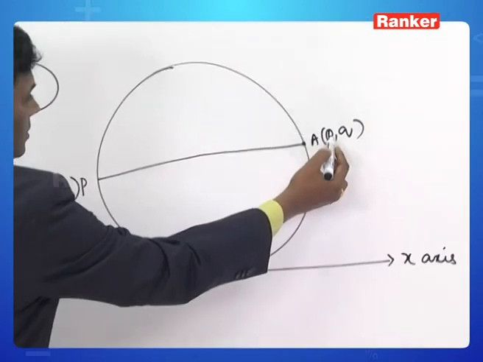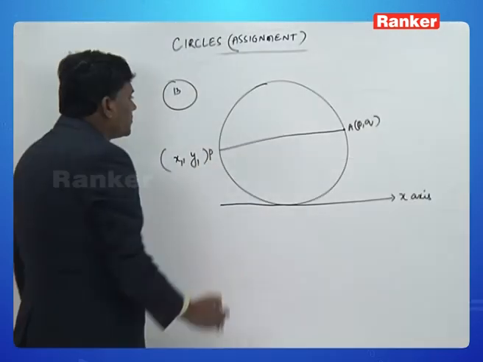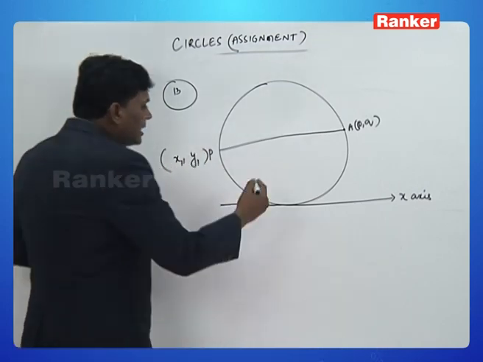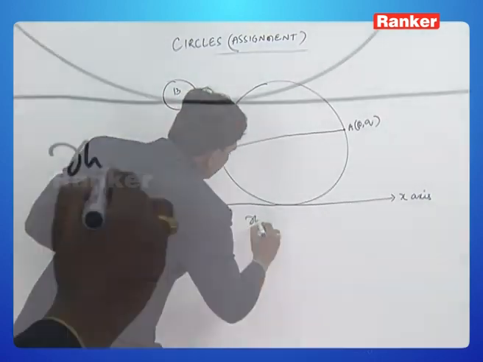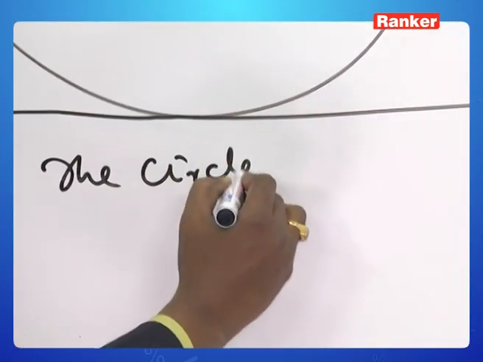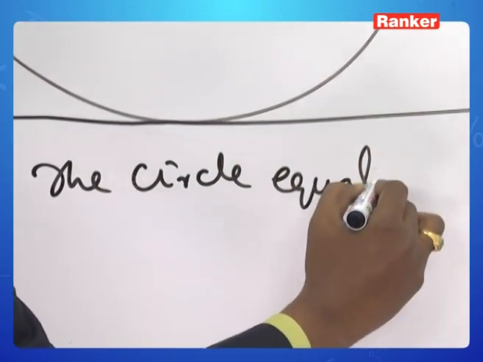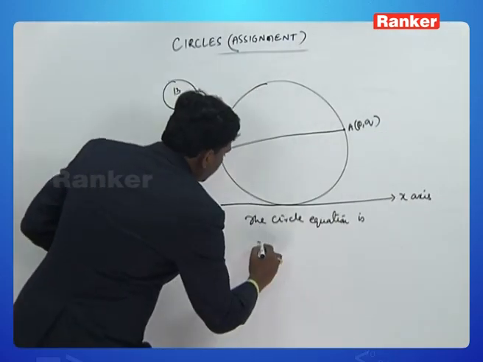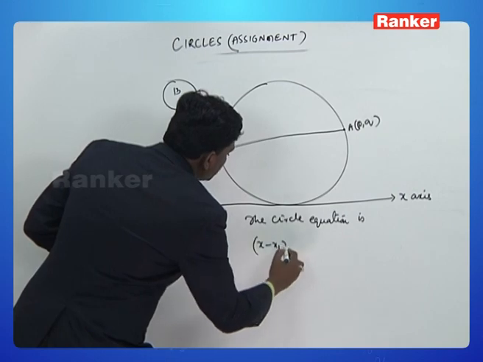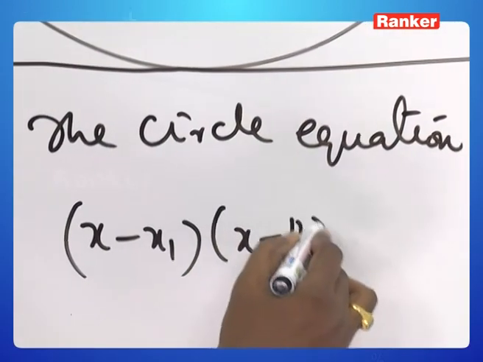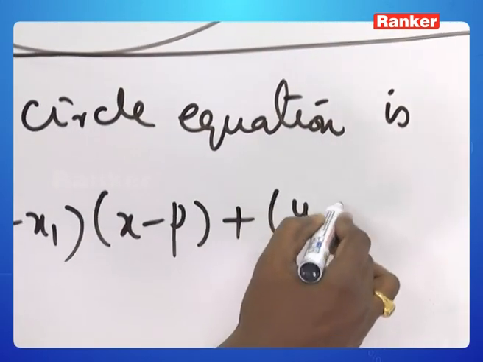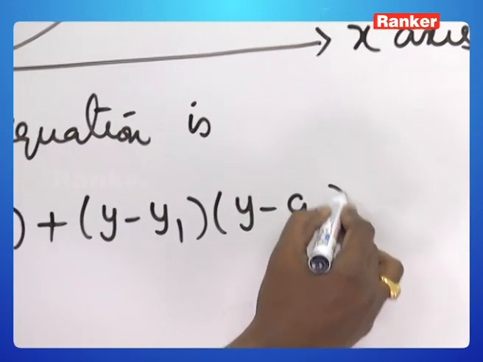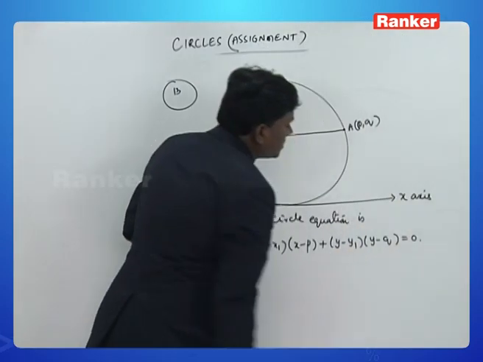Here, because we know both the ends of the diameter of this circle, the circle equation can be written as x minus x1 into x minus p plus y minus y1 into y minus q equals to 0.